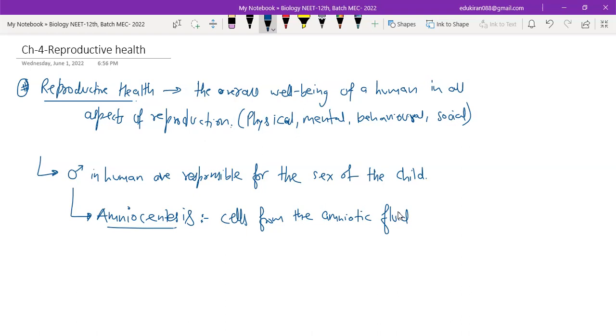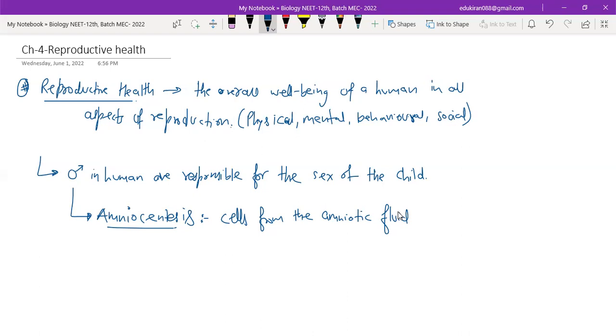In that fluid there will be some loose cells that must have fallen off from the embryo. If we get a few cells from the embryo, that fulfills the purpose, because all we have to look at is the 23rd pair of chromosome, whether it is XX or XY, right?